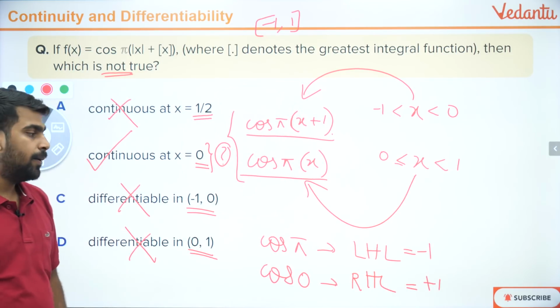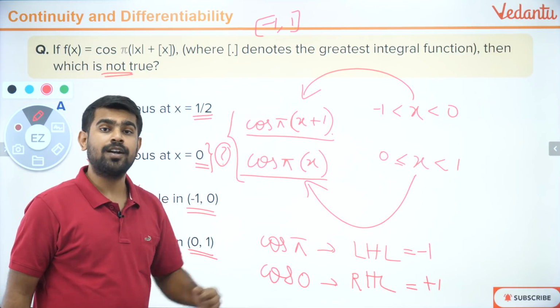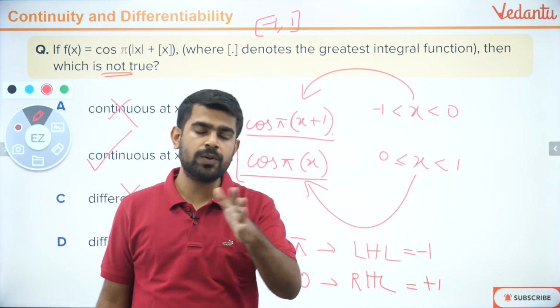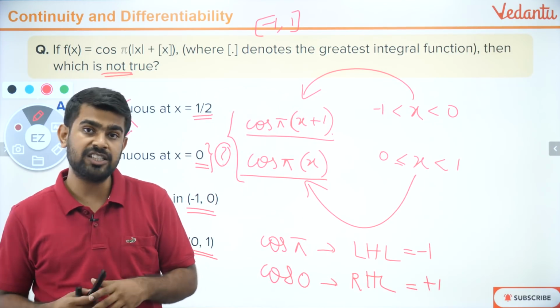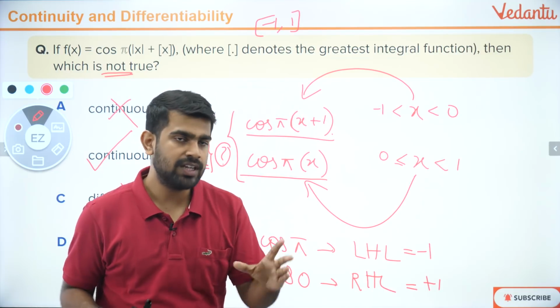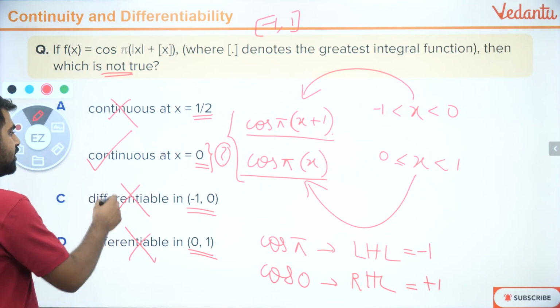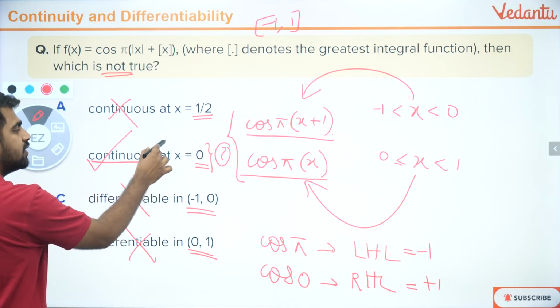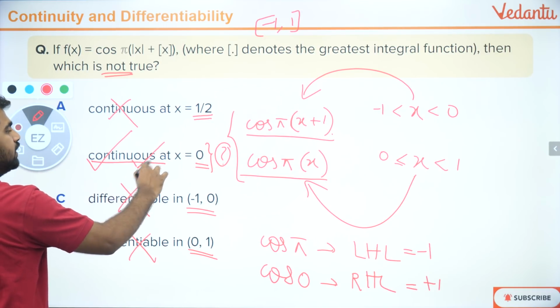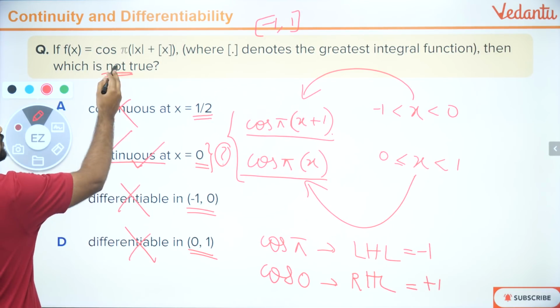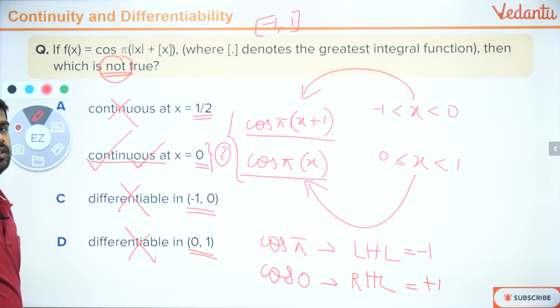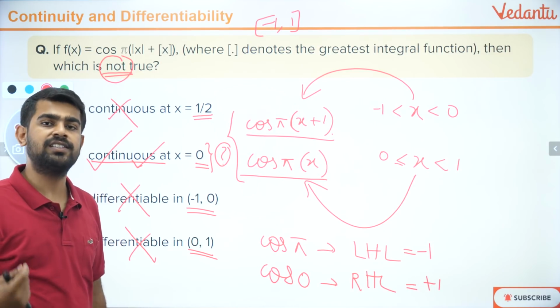So naturally you can see that LHL and RHL are not matching. If LHL is not equal to RHL, then definitely the function is not continuous, and therefore at 0 I will have a discontinuity. Since they said continuous, this statement is false. So naturally I will select it because we want to figure out what is not true. That means I'm looking for false statements.